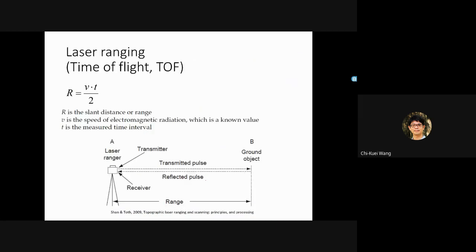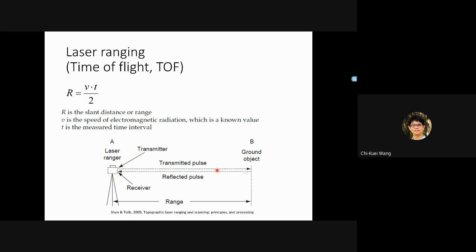All right, so let's talk about the first kind, the time of flight system, sometimes short for TOF system. So the range that we measure is from the laser to the object.